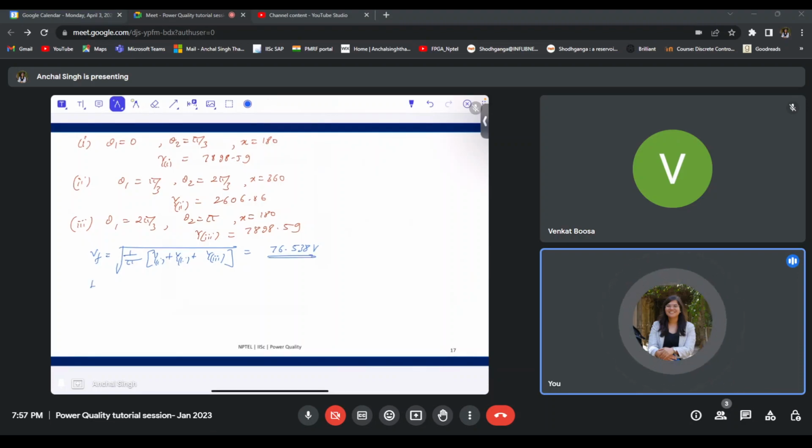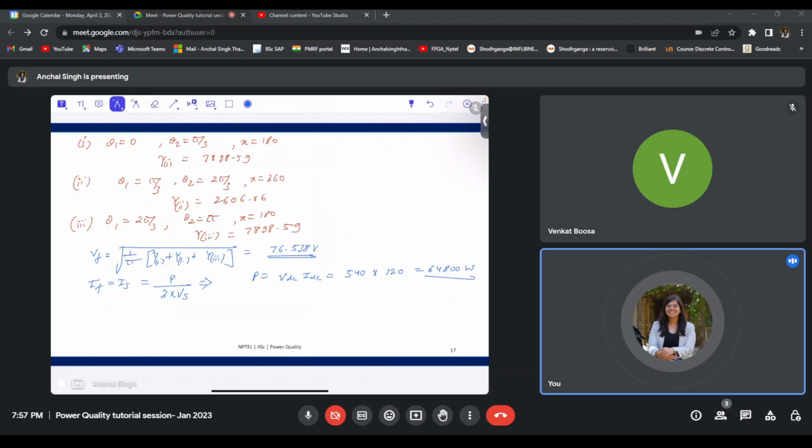Now we know that If is equal to Is, which can be found by first finding the active power and dividing it by 3 times Vs, or V phase. The active power of the output of the system is equal to VDC into IDC. We know that VDC is equal to 540 volts and IDC is equal to 120 amperes. So this comes out to be 64800 watts.